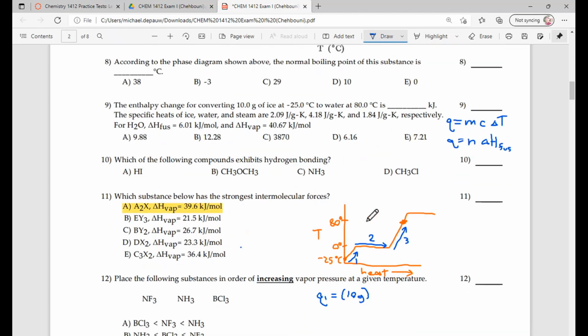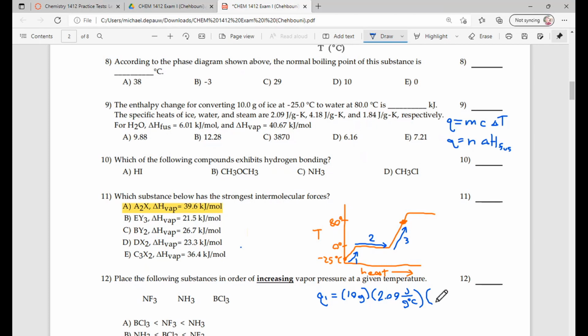I'm just being lazy, sorry. And then the specific heat, in this case, which one am I going to use? 2.09, because it's ice right now. And that's going to be joules per gram degrees Celsius. And then the temperature change is going to be the final minus the initial.